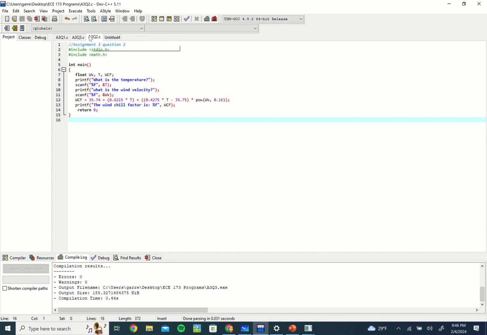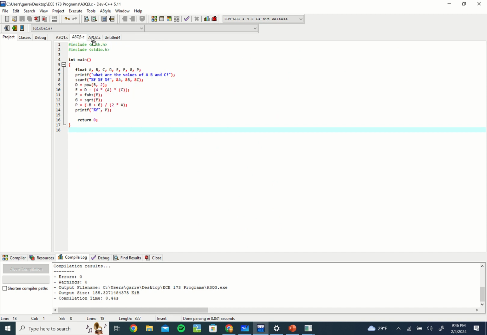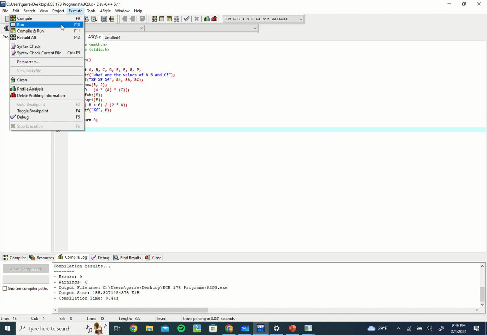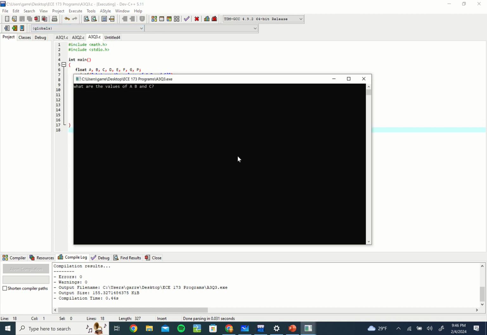here we go. Moved it. Move it back here. Execute, run. What are the values of A, B, and C? 1, negative 5, and negative 14. And like that, it'll give 7.